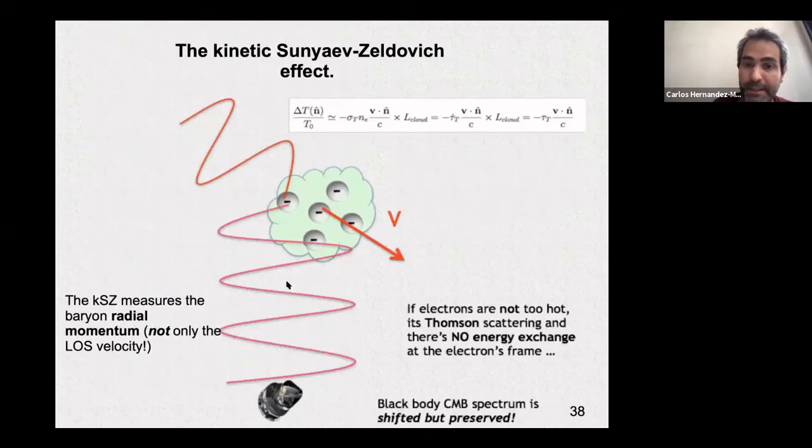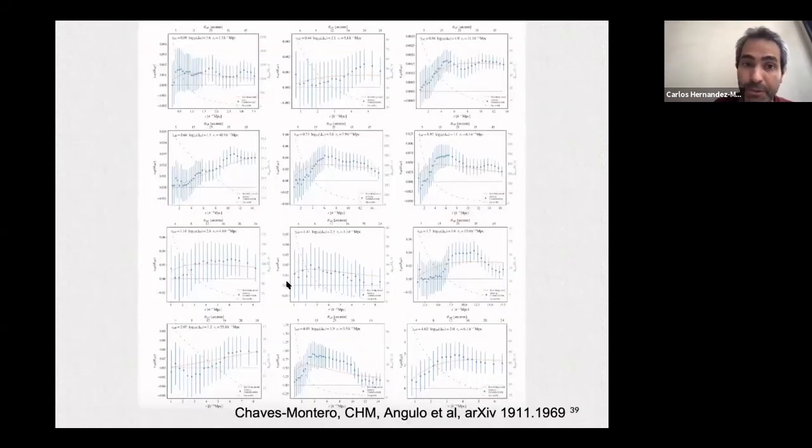The thing is that we can change this aperture. I'm not sure if you can see well, but we can repeat this cross-correlation analysis by increasing the radius around each galaxy on the CMB map. If we consider the CMB temperature in pixels falling within circles centered upon each galaxy, and the radius of these circles is increasing, then we are sensitive to more and more gas around the galaxies, right?